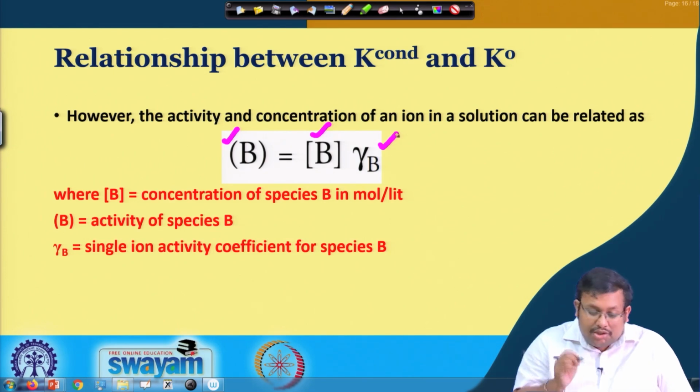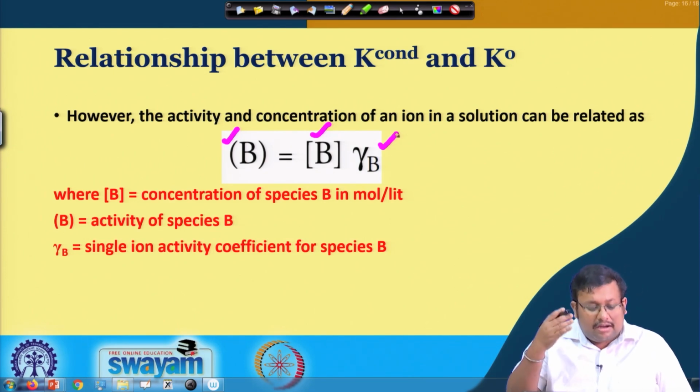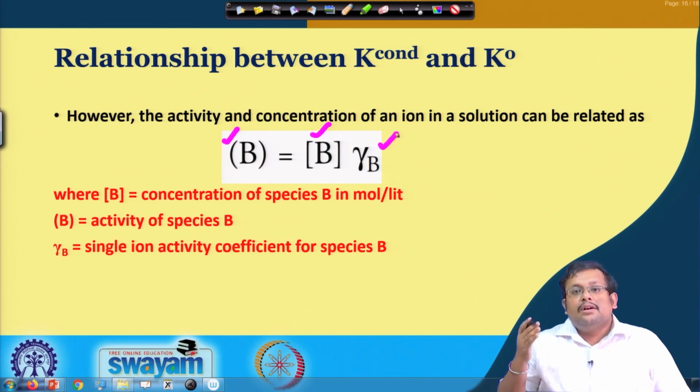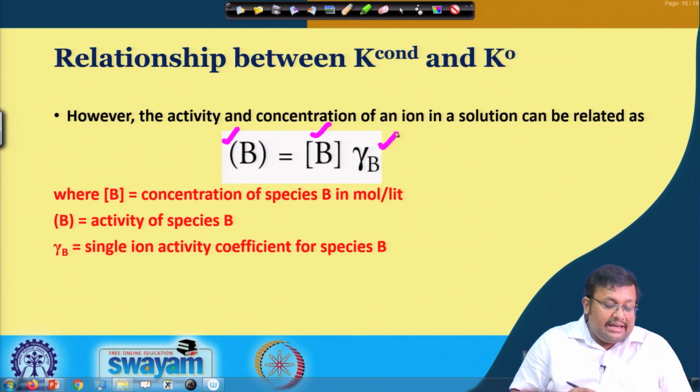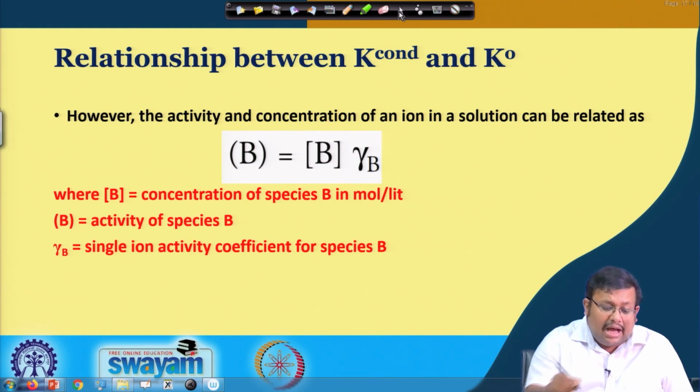So, if we multiply the concentration of a specific ion in the solution with its corresponding ion activity coefficient, we get the activity of that specific ion.